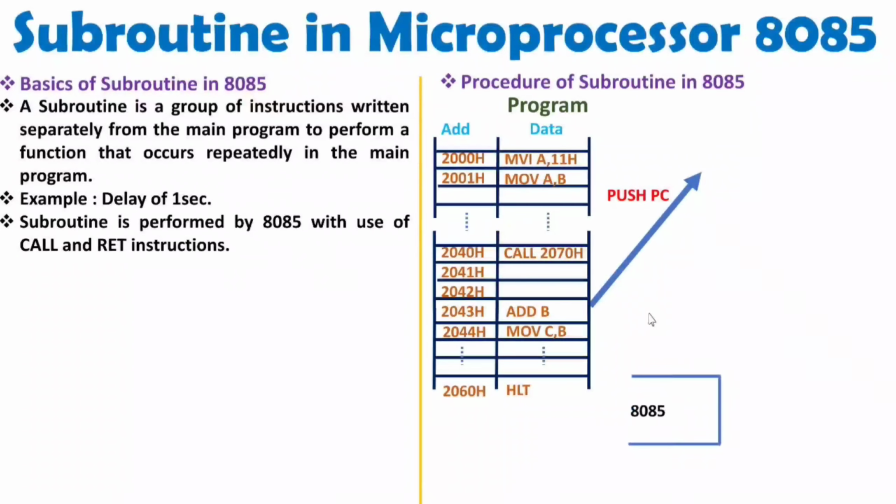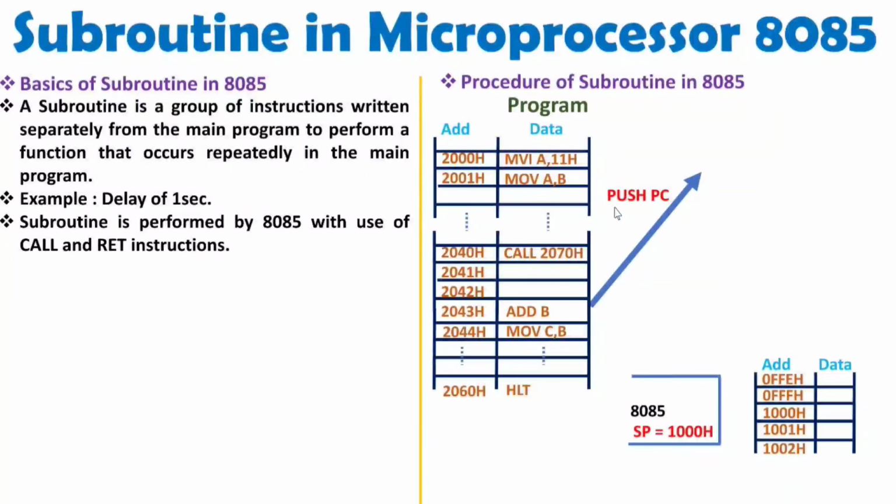Let us try to understand how it is getting stored in stack memory. Here we have 8085, here we have the stack pointer that is 1000 hex, and here we have stack memory. Right now the stack pointer is indicating 1000 hex and the microprocessor is performing push PC. So PC has the data 2043.